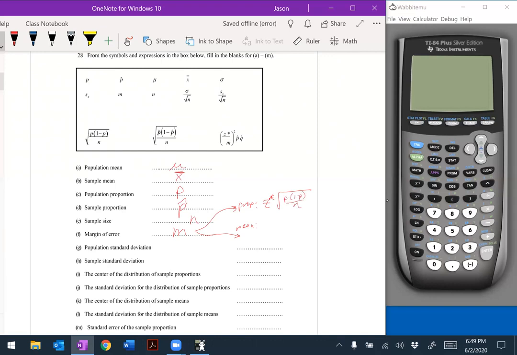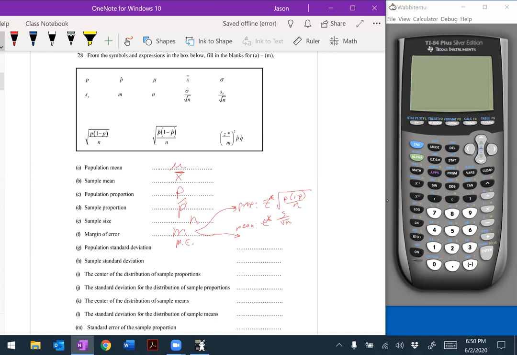For means, it's t star times s over the square root of n. None of those are there, but M is the symbol for margin of error. Sometimes it'll be written as M.E. as well.